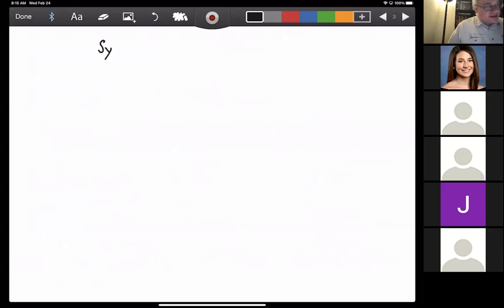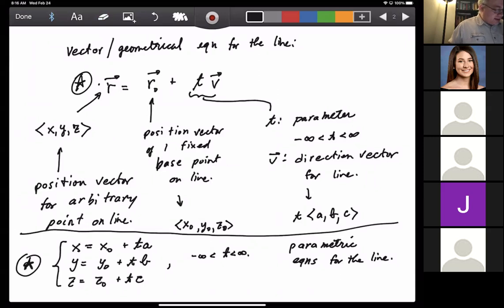Finally, we have the symmetric equations for the line. Okay, and you can get these by effectively looking at the parametric equations and solving for the parameter t in each of these equations.